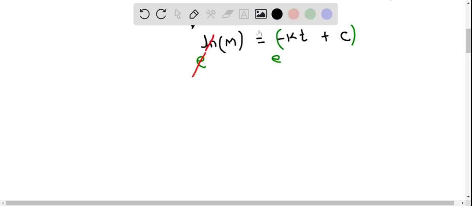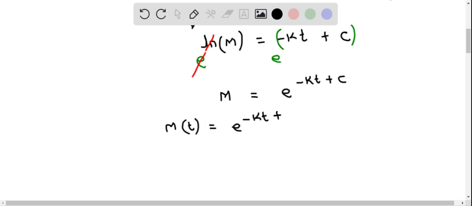On the left side, e to the natural logarithm of m gives m, and this equals e raised to the power of negative kt plus c. So we can write this in the form of m of t, the function representing the mass of the radioactive substance. That is, m of t equals e raised to the power of negative kt plus c.